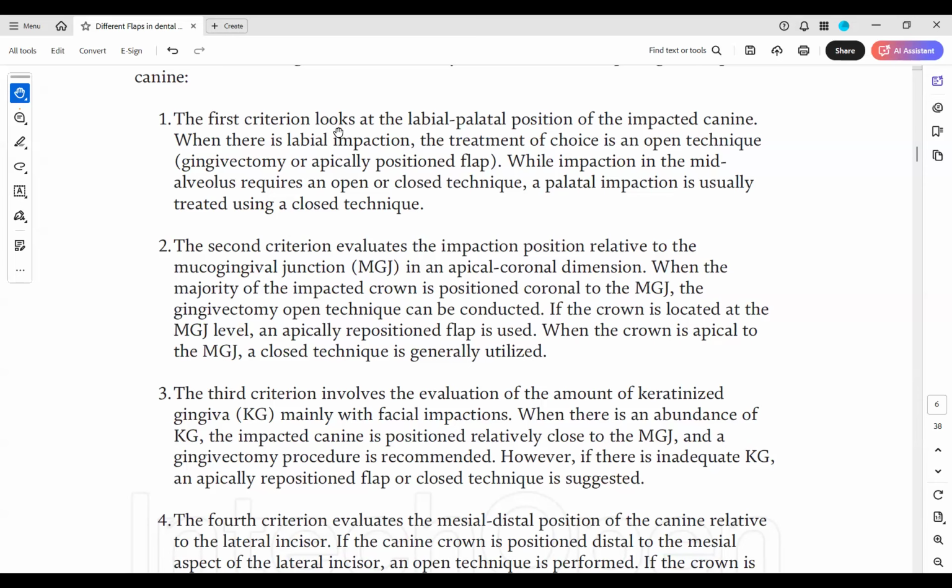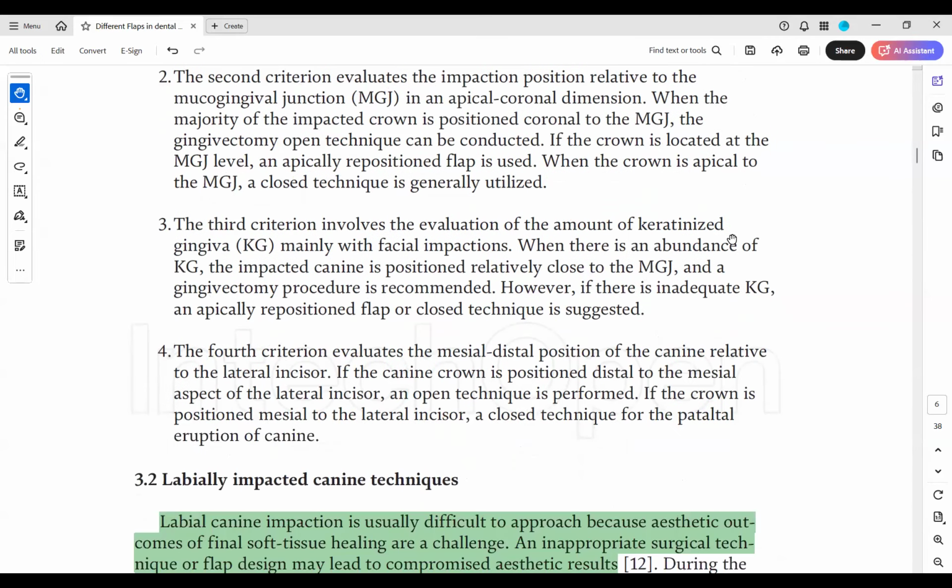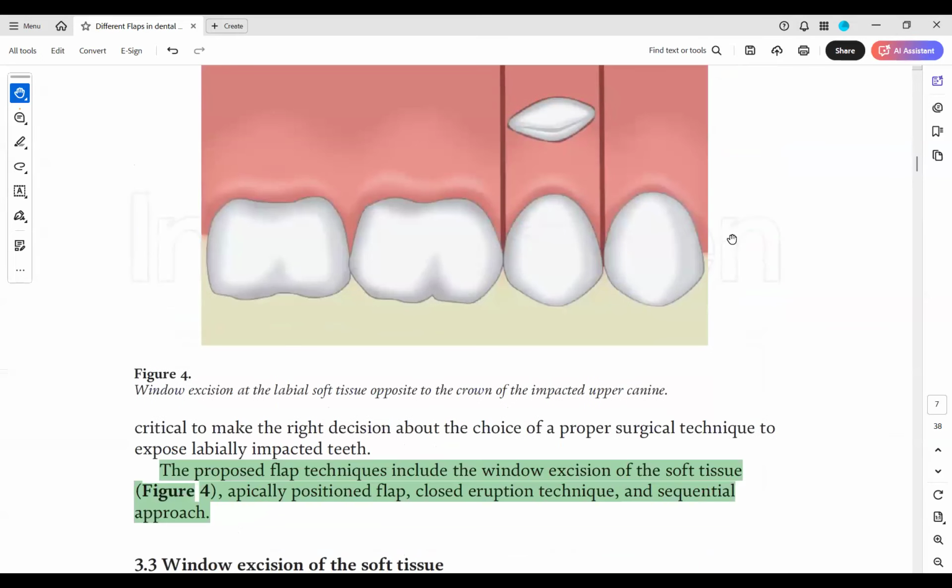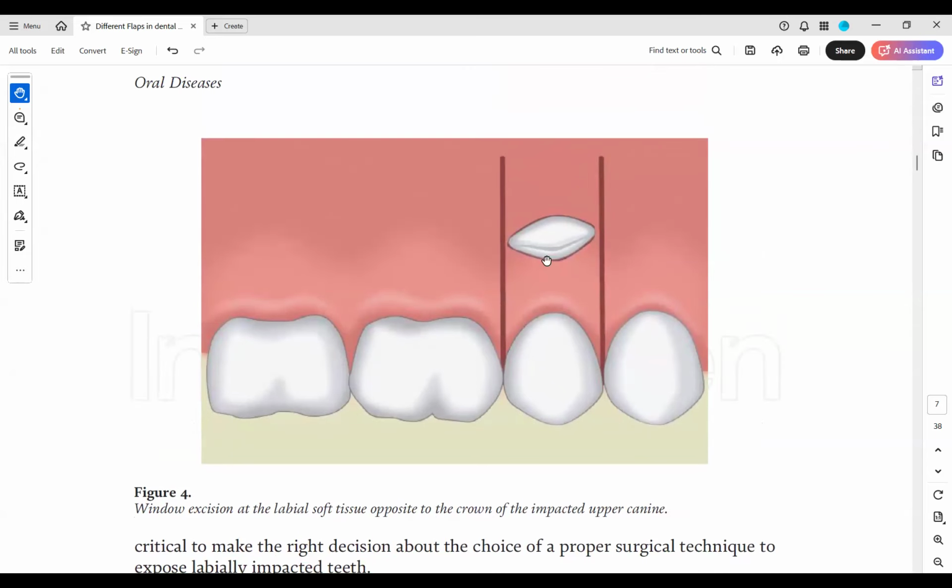So the first criterion to decide your open versus closed is the labial palatal position. When it is far more labial and has to be close to the mucogingival junction coronally, with less bone above your canine labially, and the mucogingival junction position should be such that the tip should be closer. So you see, if this is the canine tip, and if this is your location, so suppose this is your attached gingiva.